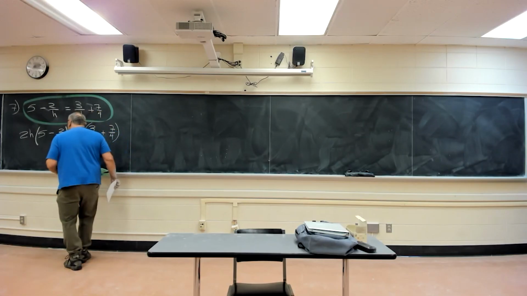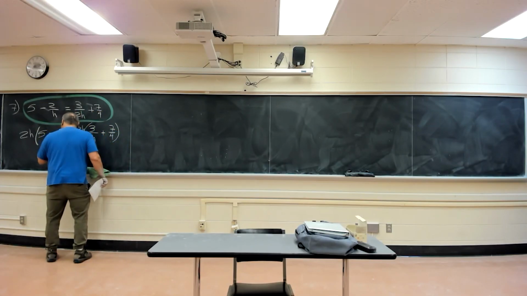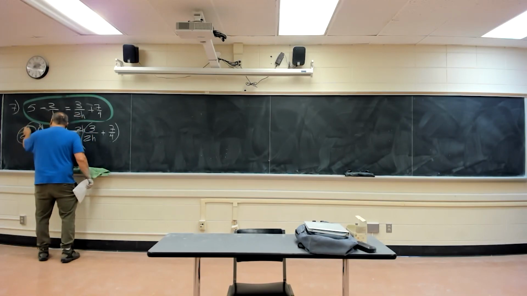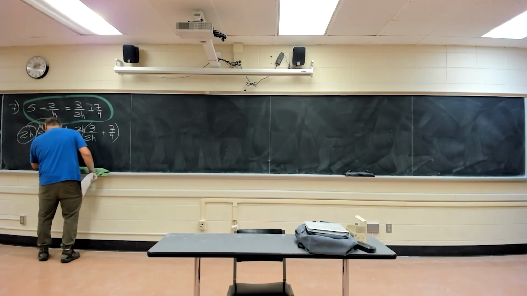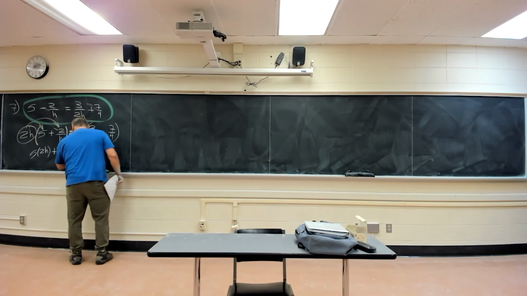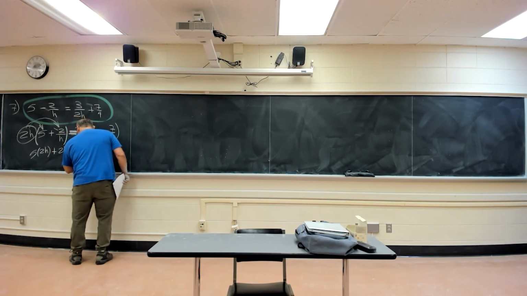Let's see what happens. Minus 2 over h is plus a negative 2 over h. Let's go here. Let's go there. We got 5 times 2h, or 2h times 5. We got 2h times negative 2 over h.